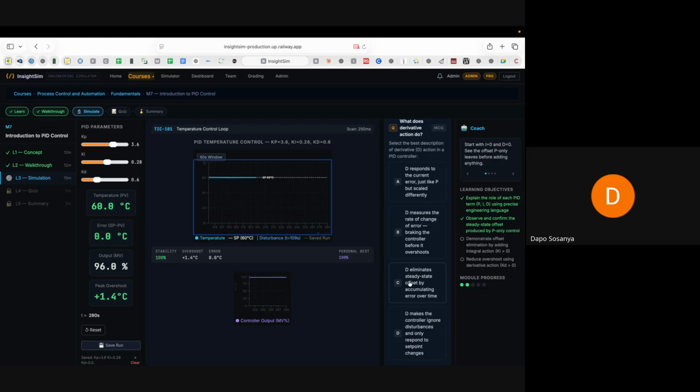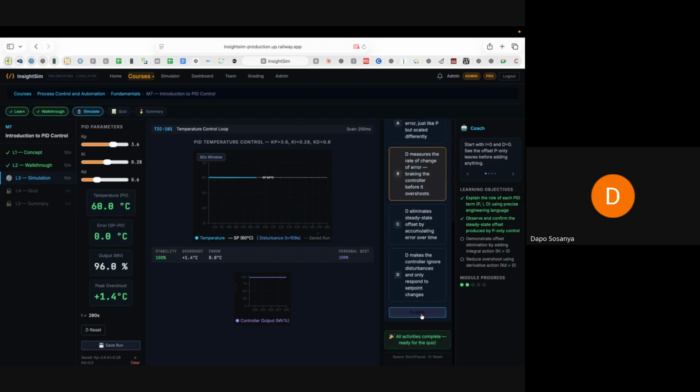C: D eliminates steady state offset by accumulating error over time. D: D makes the controller ignore disturbances and only respond to set point changes. What's the answer? B. Yes, B.